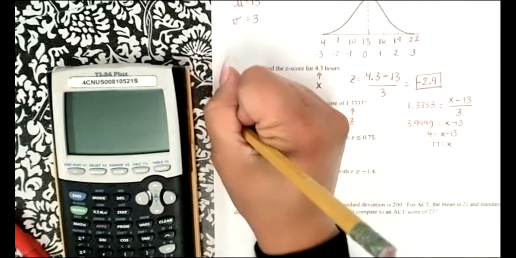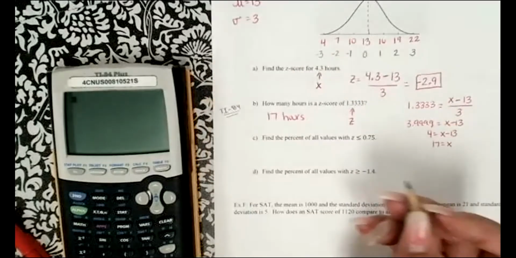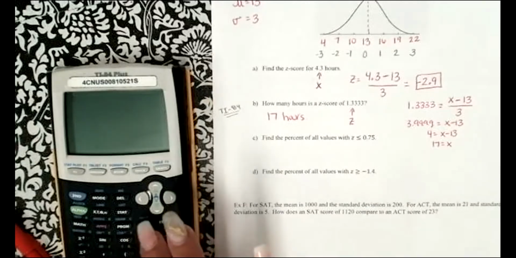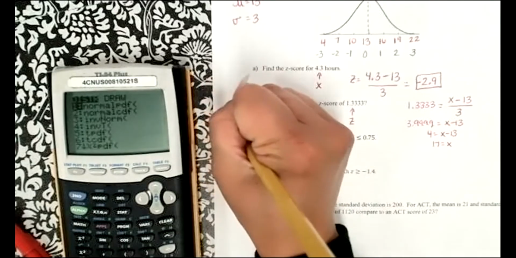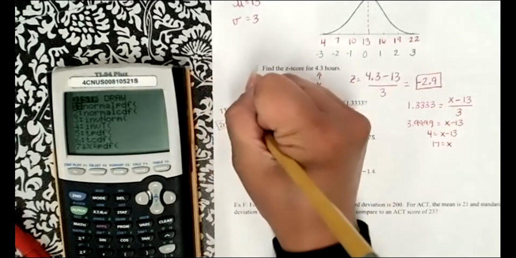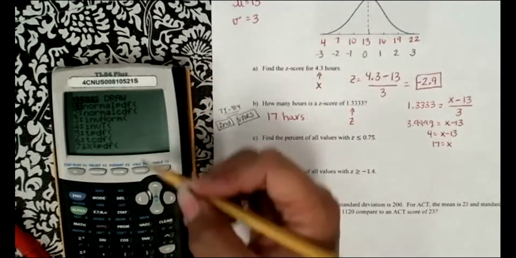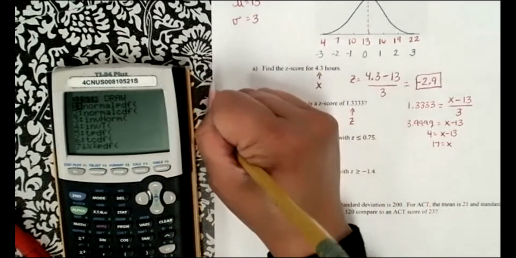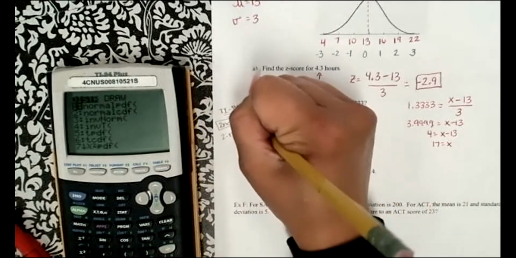This is on the TI-84 or the 83. You're going to hit second, and then you're going to hit vars. Now right here, you're going to go to option 2 where it says normal CDF.